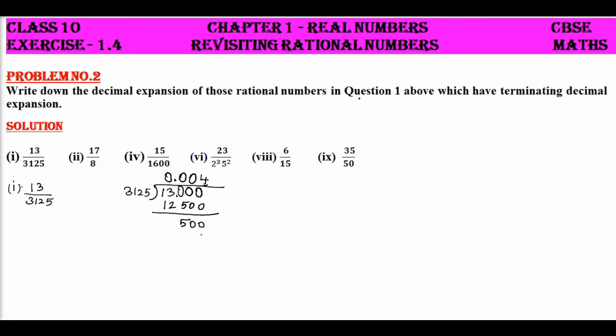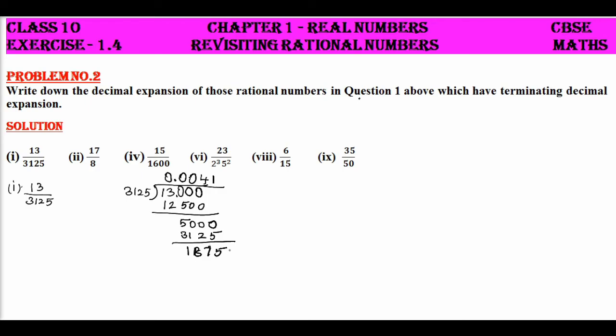So let me proceed with the division by including one more 0. Now I get 1 in the quotient because 1 into 3125 is 3125. Now when I subtract, it is 1875. This remainder is not 0.